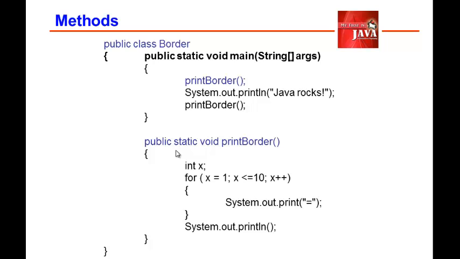The printBorder statement in main instructs the program to jump out of main and look for the method printBorder. Upon reaching the method, it will execute the lines inside its body and return to the calling program. In this case, it is main. When the program returns to its calling main method, it prints the text Java rocks. It calls printBorder once again and does exactly the same task of printing the border line. Then the program terminates.